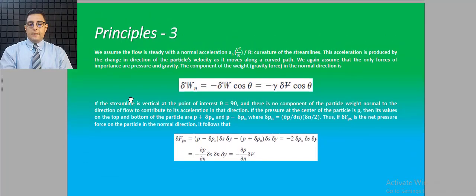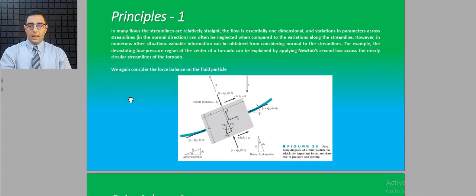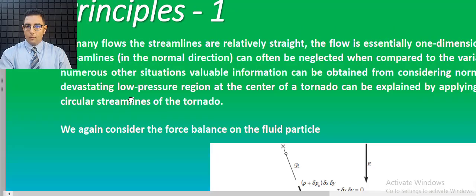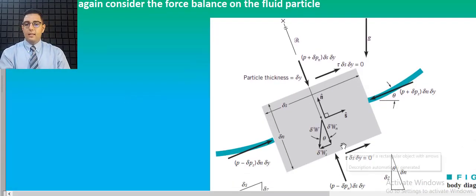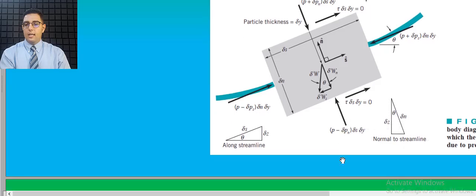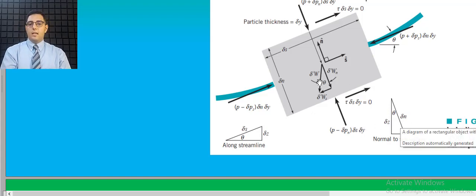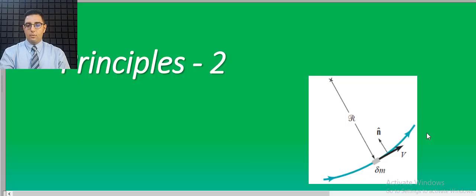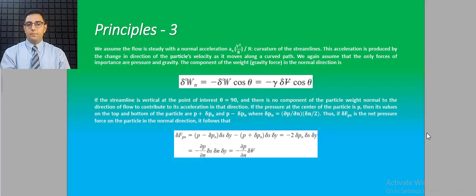As you see here, we have the component delta Wn in this direction, which, if we regard it as here, delta z over delta n is equal to cosine theta, so delta Wn is equal to minus delta W cosine theta, which we already have here.